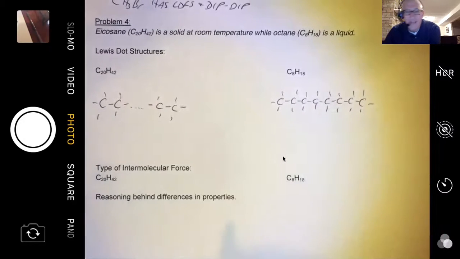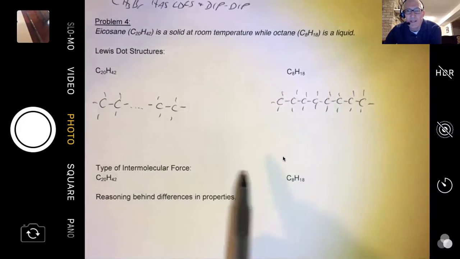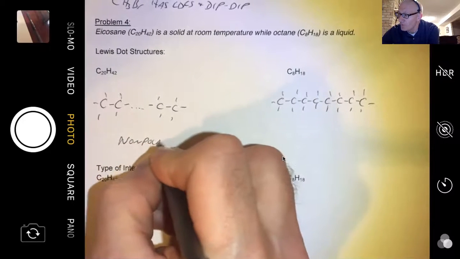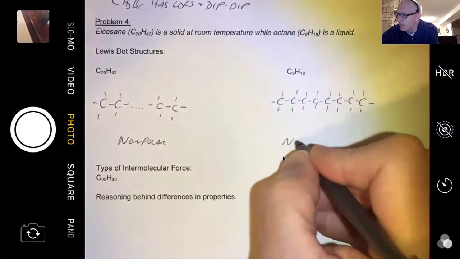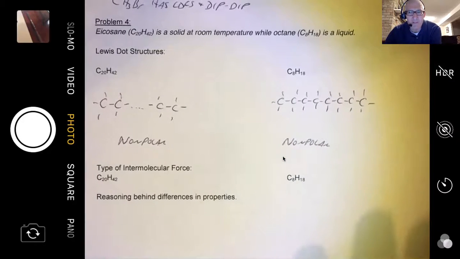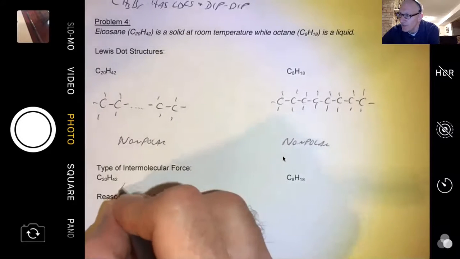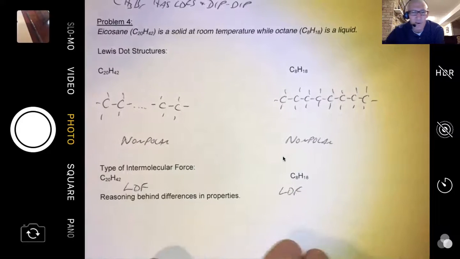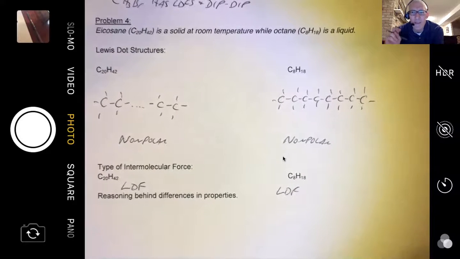All right, but at the end of the day, here's the thing. These guys are both non-polar. So you are comparing a non-polar to a non-polar because they're all symmetrical. So the only thing at play, both of them have London dispersion forces. So who kind of wins? Who has the stronger intermolecular force?